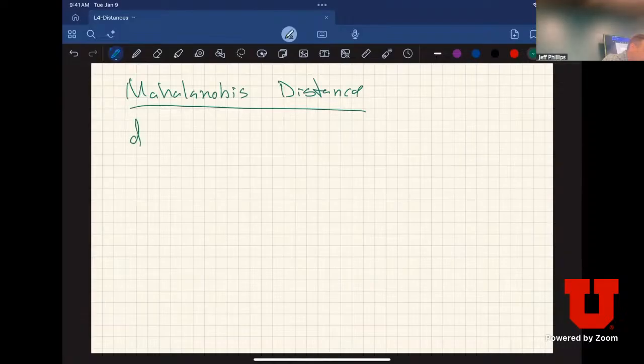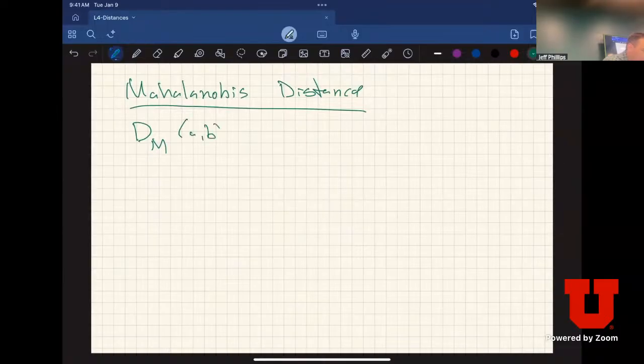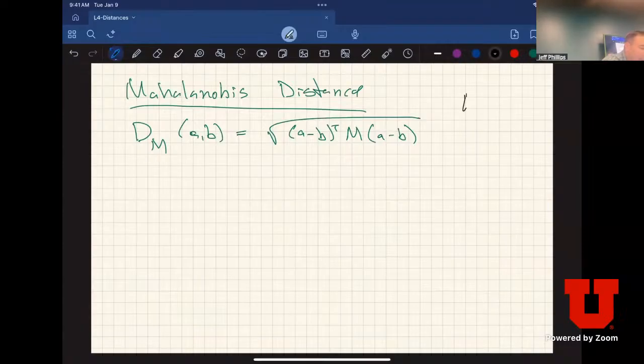So this will be d_M of A and B. And this will be defined, I'm going to write this. It's going to look weird, and then I will simplify it for you for a special case, where M will be an element of R^(D by D).